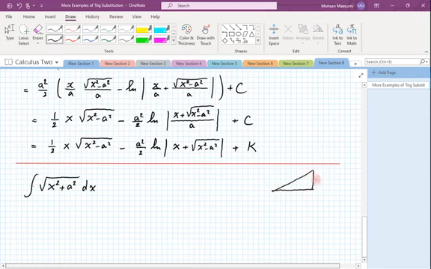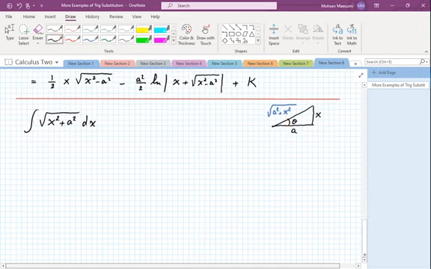So if x is a leg, it's going to be this one. If a is a leg, it's going to be this one, and the radical will be the third one. The angle is always this one, the angle theta.